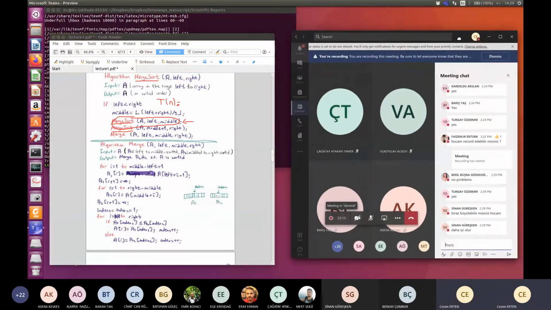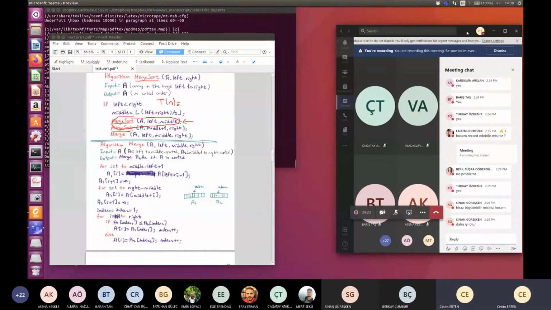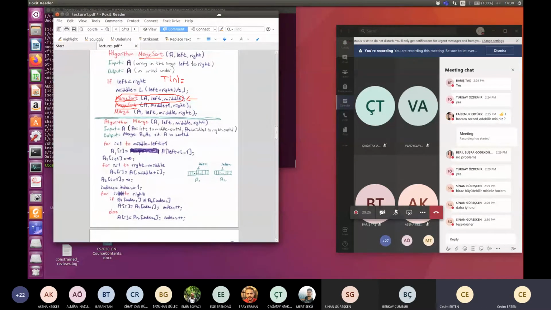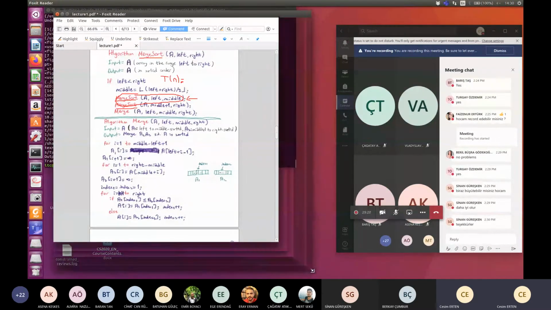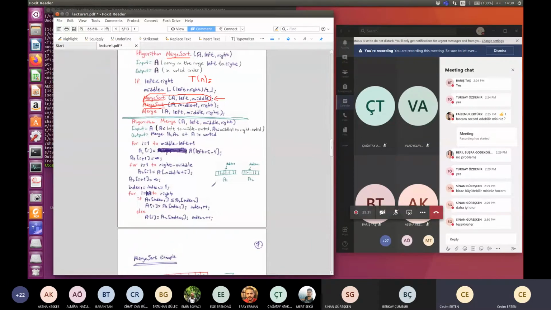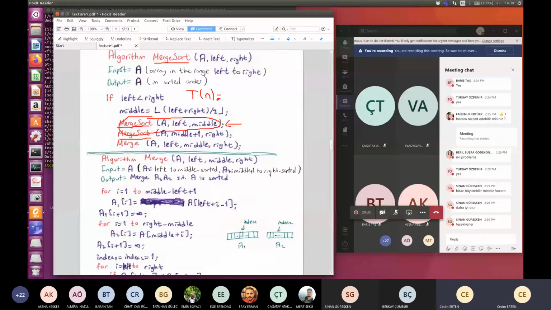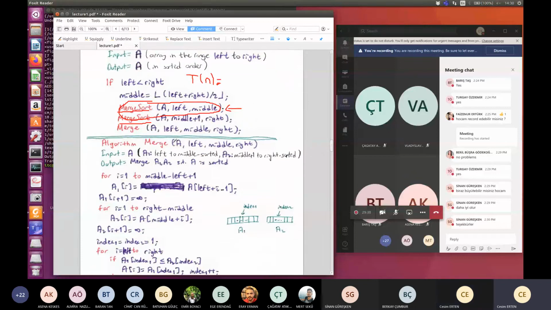Okay, let's try to make it slightly bigger. I'm trying to make it so that I can see what you type as well. So I need to keep both of the screens on at the same time, but let's try to make this a bit bigger. Can you see better now?